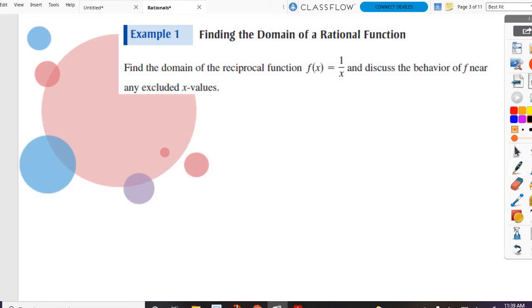Find the domain. So, are there any values that x cannot be? Why? Because we can't have a 0 in the denominator. So we have x such that x cannot equal 0.